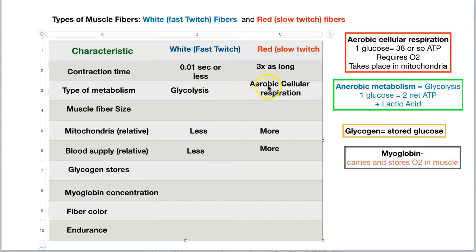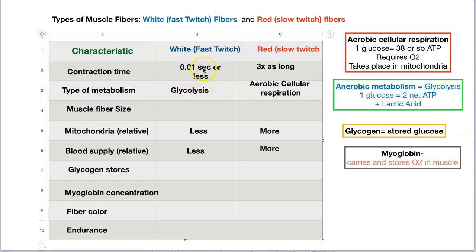This guy, the red slow twitchers, they take 1 molecule of glucose and they're getting 38 ATP out of it. These guys, the white fast twitchers, they're using 1 glucose molecule with glycolysis and getting 2 ATP.